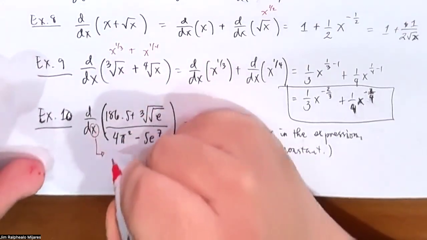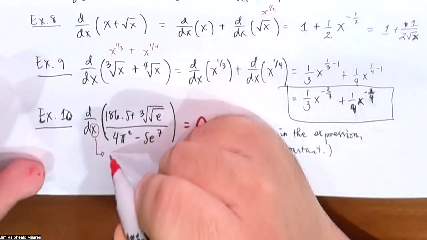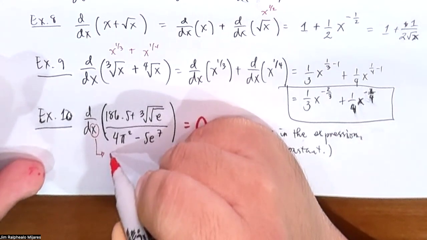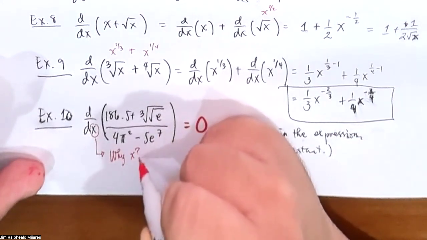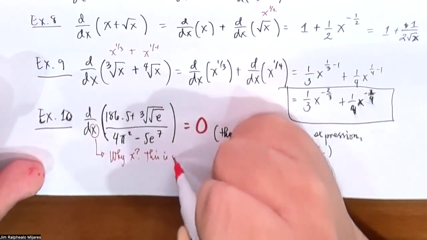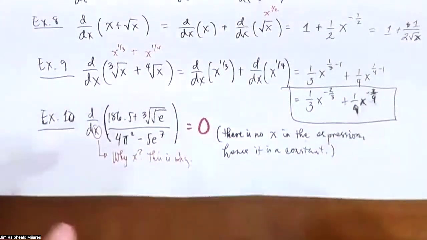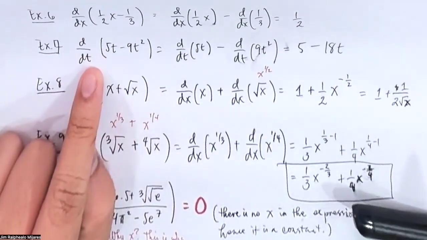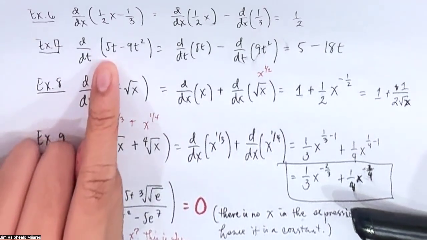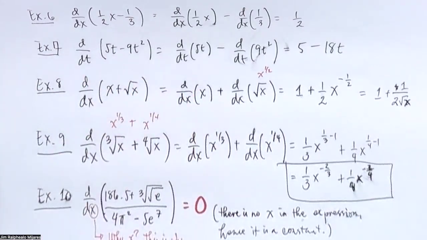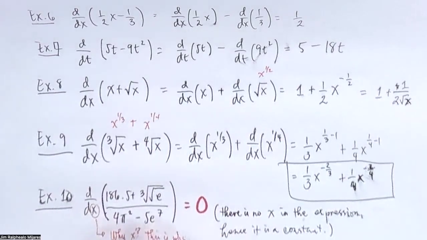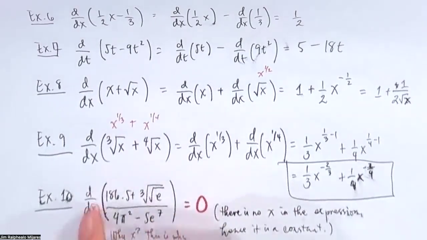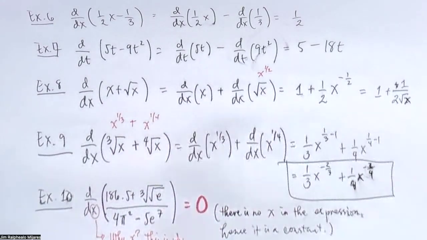This is why. Whatever that variable is, that's your focus for the differentiation. That's the reason why we focus here on t, right? Then we derive using t, okay? But of course, if this is x and there's no x in here, that means this is just a constant, right?